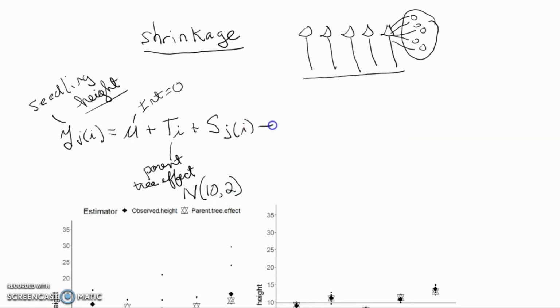And this is going to be the seedling effect. And it's going to be drawn randomly from a normal distribution with mean 0 and standard deviation 7.